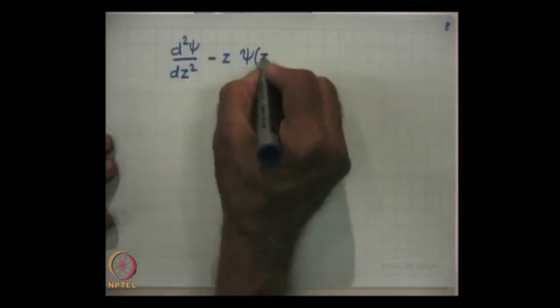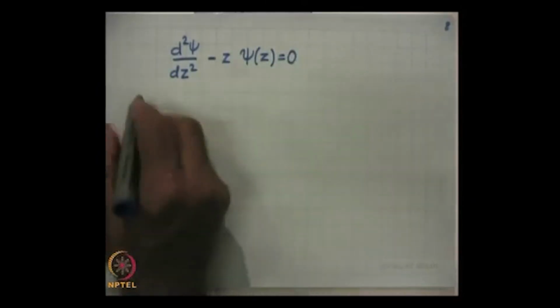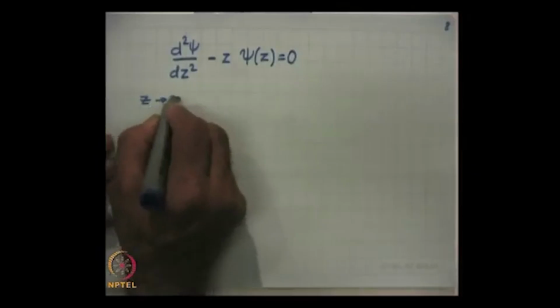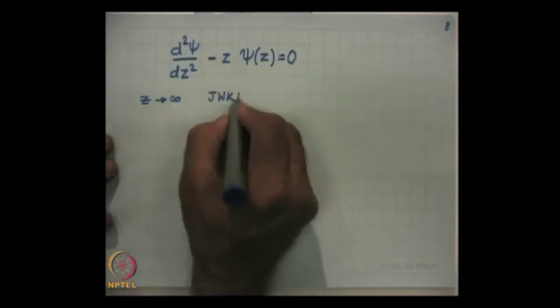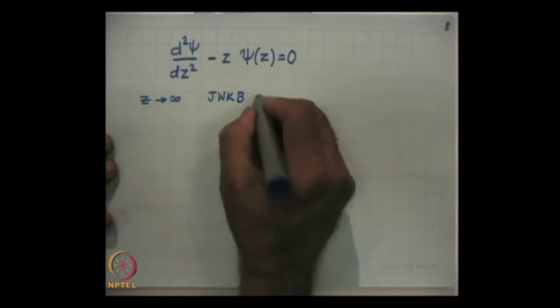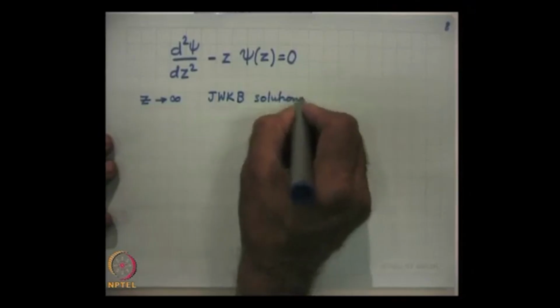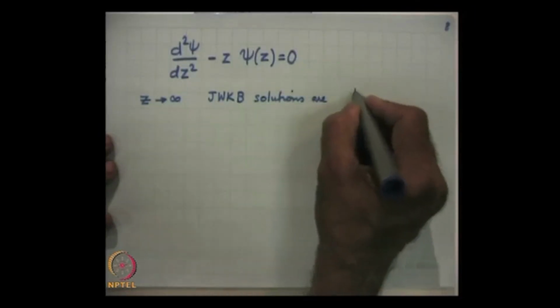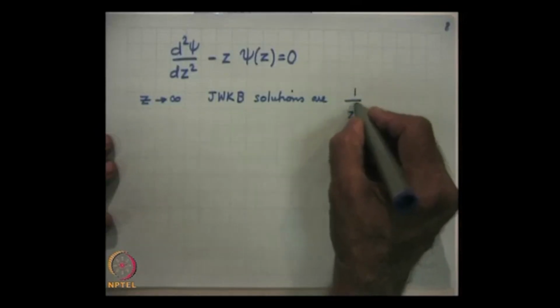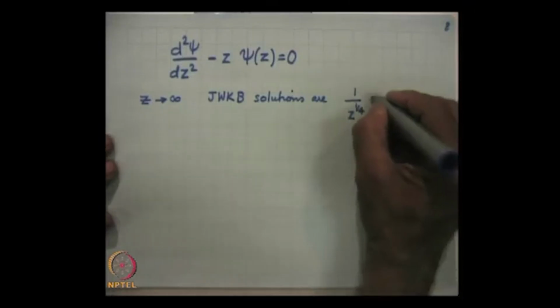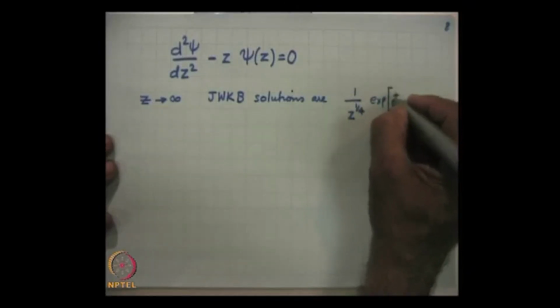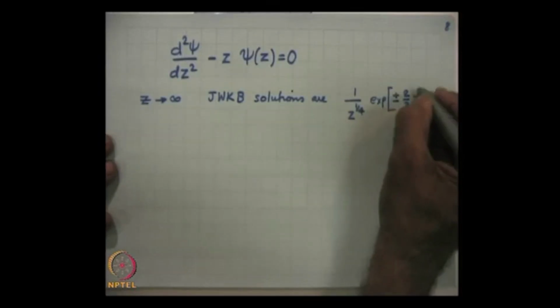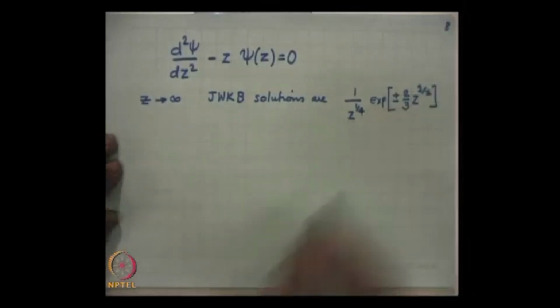Therefore, for this equation d2 psi by dz square minus z psi of z equal to 0, as z tends to plus infinity, the Jwkb solutions are plus minus 1 over z to the power of 1 by 4, exponential plus minus 2/3 z to the power of 3 by 2.